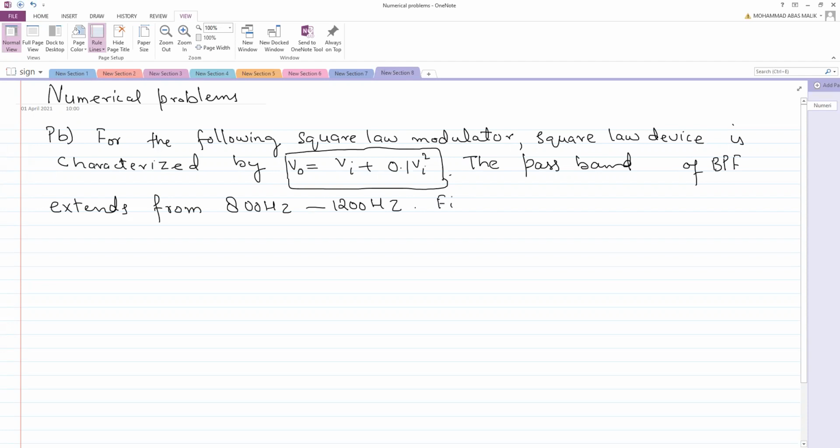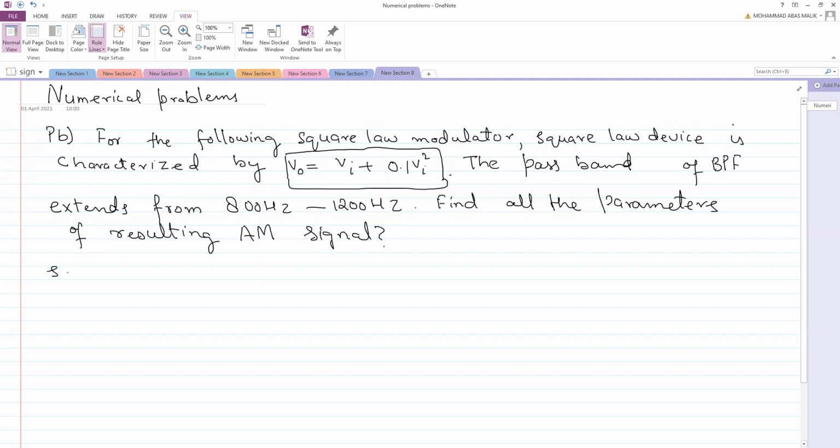Now find all the parameters of the resulting AM signal. AM signal means amplitude modulated signal. You have to find all the parameters of the AM signal.